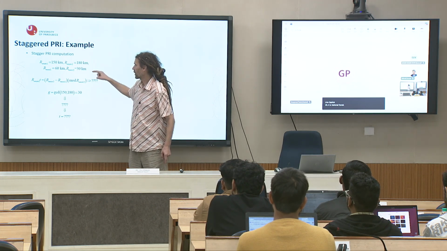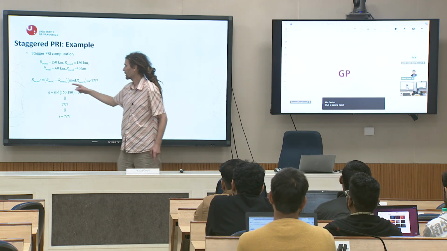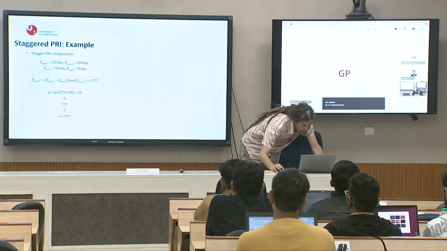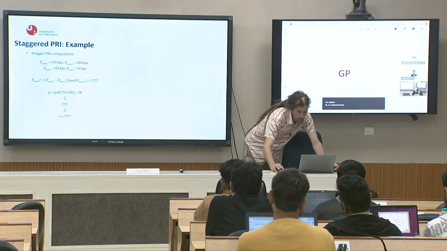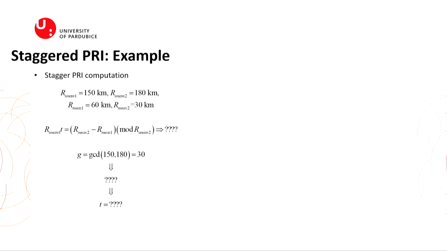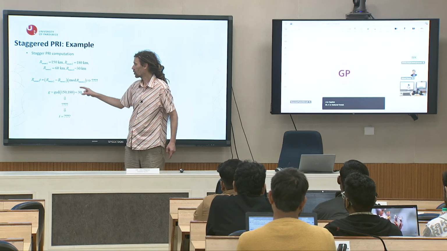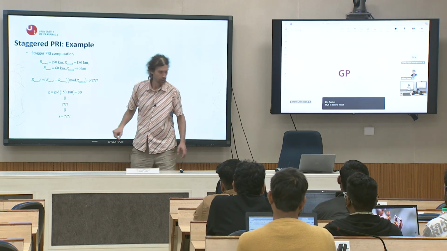So the stagger computation, and now how do we satisfy this one? This one is the greatest common divisor. You know it. From 150 and 180, the greatest common divisor is 30.